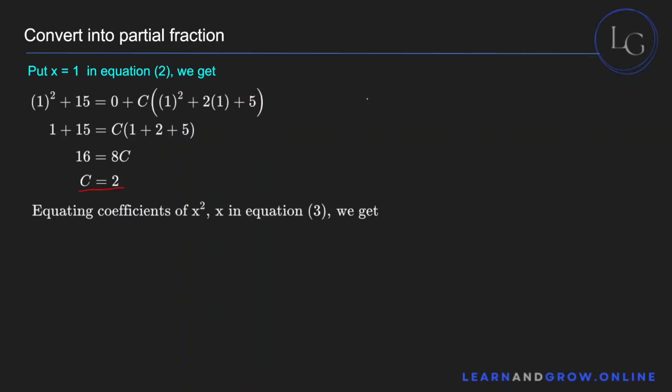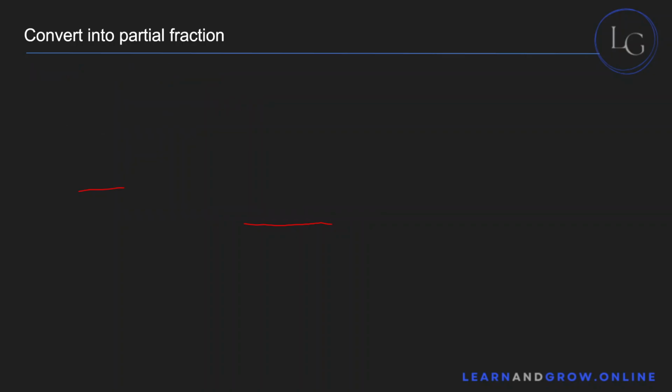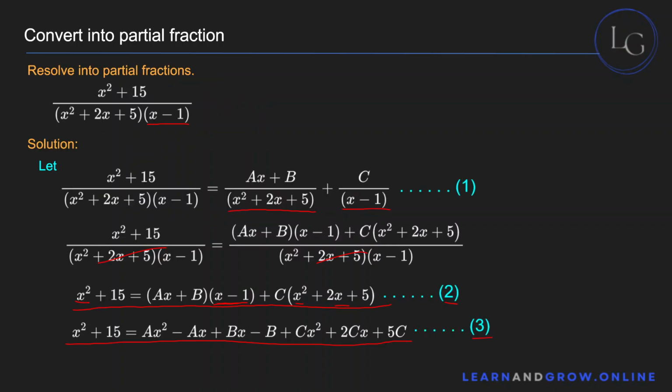Now, we'll equate the coefficients of x squared and x on the left hand side and the right hand side. So we'll use equation number 3. So how will we go about this? Well, as you remember, look over here. The coefficients of x squared are a and c, and the coefficients of x are minus a, b, and plus 2c.